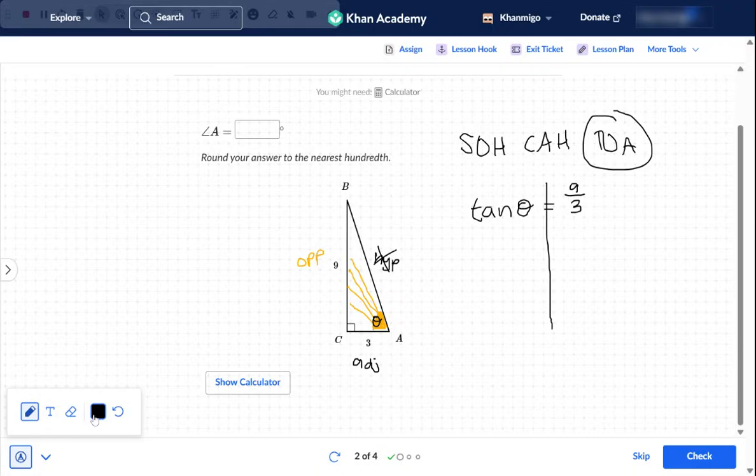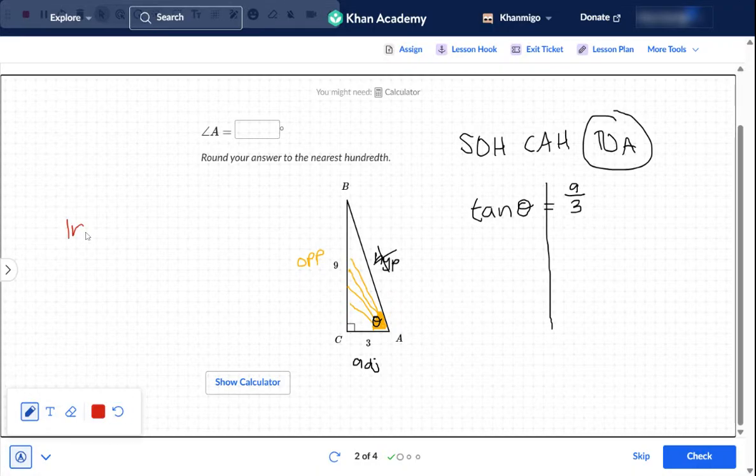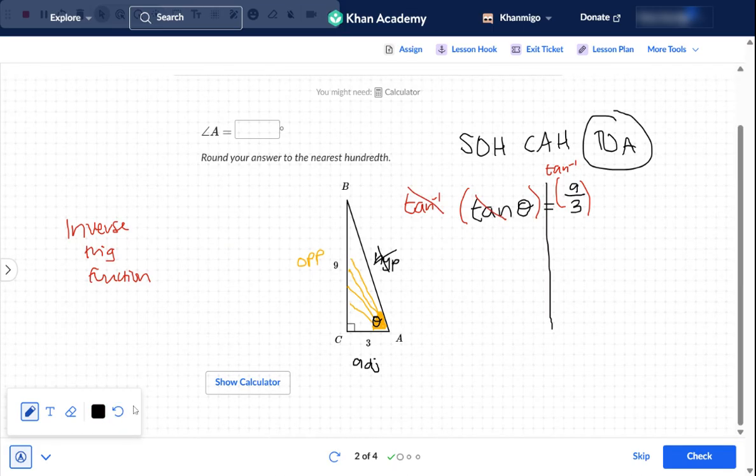We want to get tangent by itself, but we need to use that inverse trig function. We need to do the inverse to both sides to undo this tangent. We're going to take the inverse tangent of both sides. They will cancel, which is our goal all along.